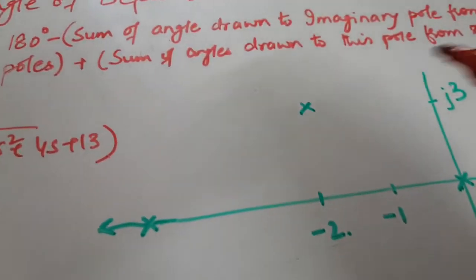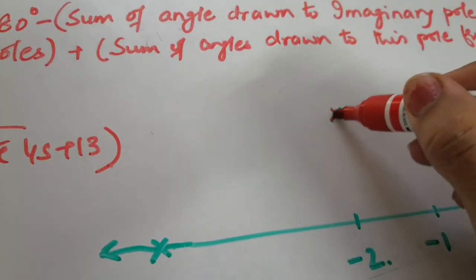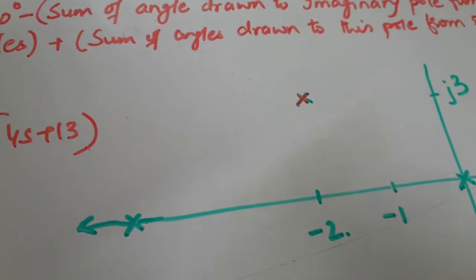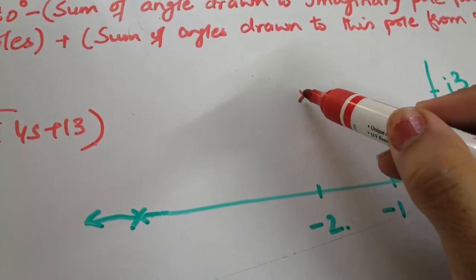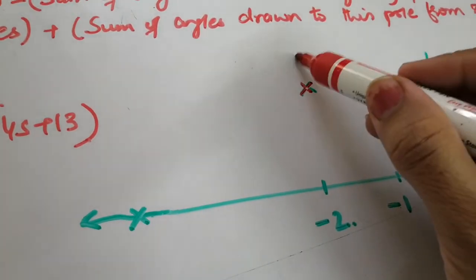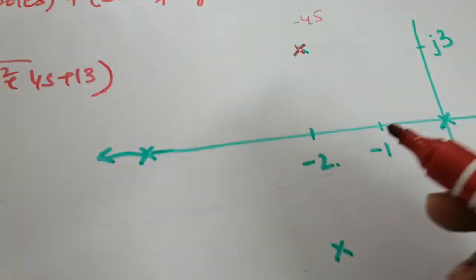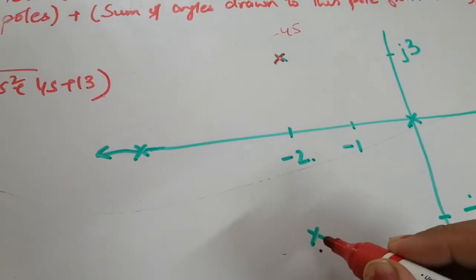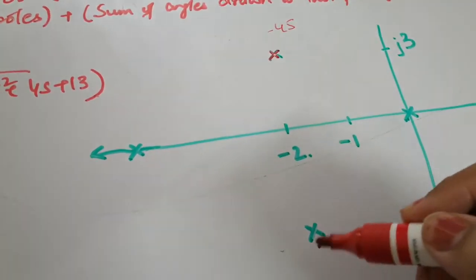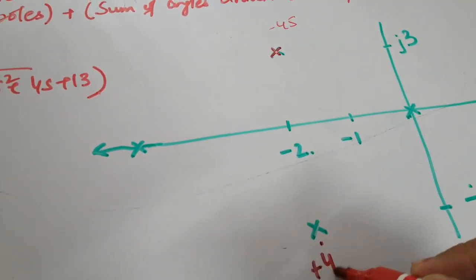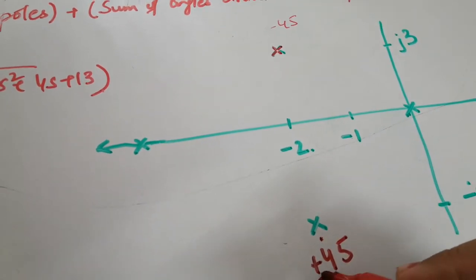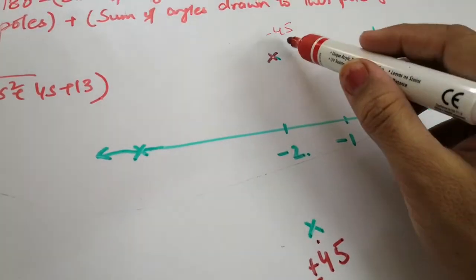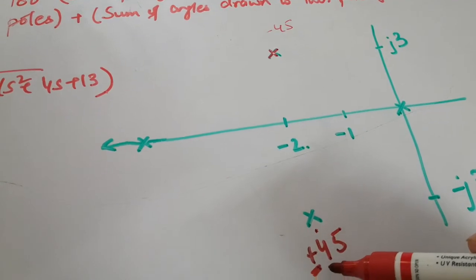So basically, let's say we want to calculate the angle of departure of this pole, and mind it, if we calculate the angle of departure of this as, like, minus 45 degree, we need not calculate the angle of departure of this, because these are complex conjugates, only the magnitude will be the same, only the sign will be different. So if it is minus 45, it will come out to be plus 45.